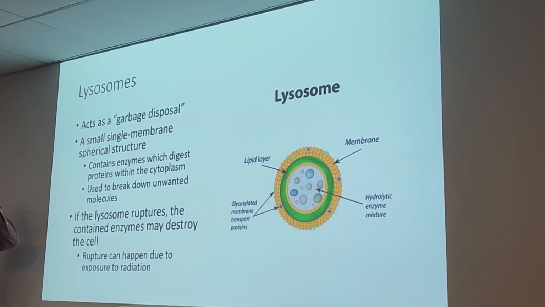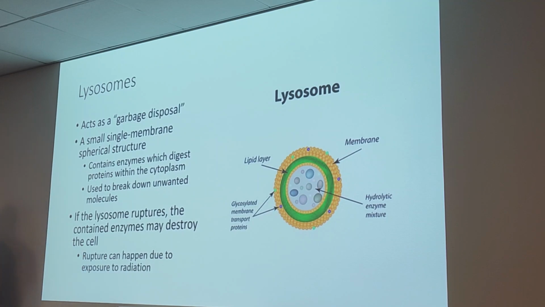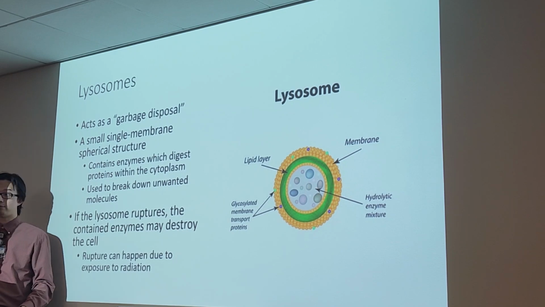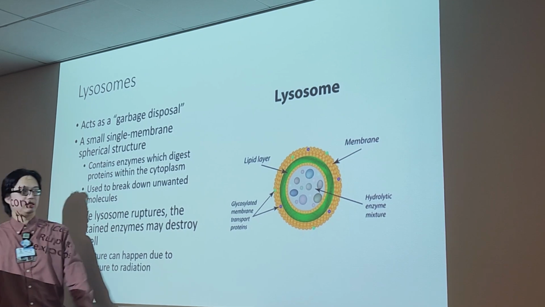It's basically a sac surrounded by a lipid membrane. Inside are chemicals that are very reactive and will destroy things. You take what you don't want, throw it inside, the chemicals break it down, and then you have raw ingredients to create more stuff with. The problem is the stuff inside is toxic.